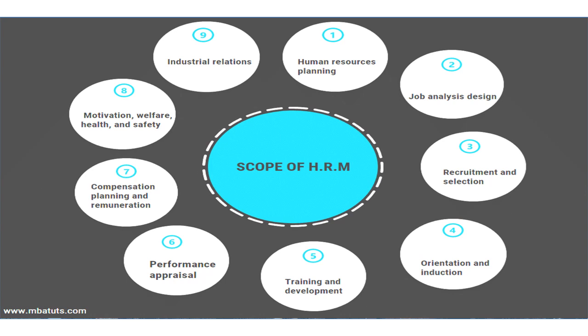So let's start with HRP. HRP means estimating the current human resource available with the organization and how much more you will need in future. On that basis, the organization makes a plan. So it acts as a guide or the foundation for the recruitment process or for HRD, that is human resource development.